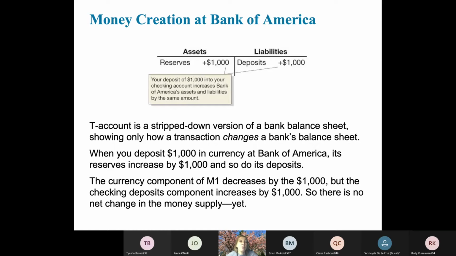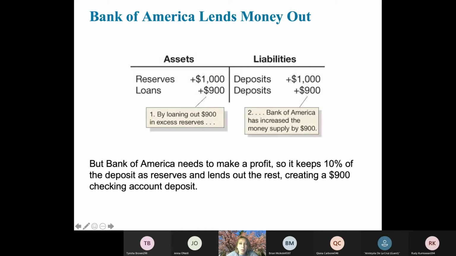You can invest it into treasury bills, treasury bonds, or you can lend it out. And that's what the bank prefers to do. It issues a loan in the amount of $900. So now, how does it issue a loan? It credits somebody else's account.